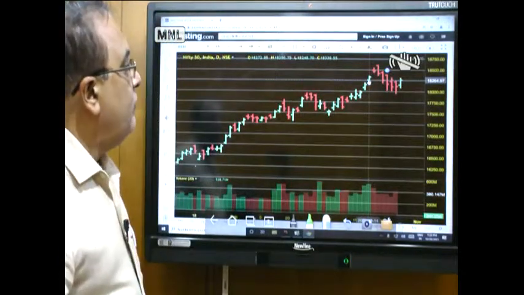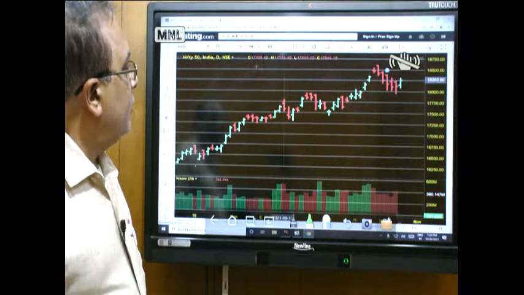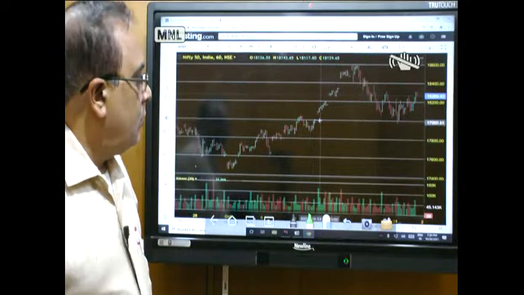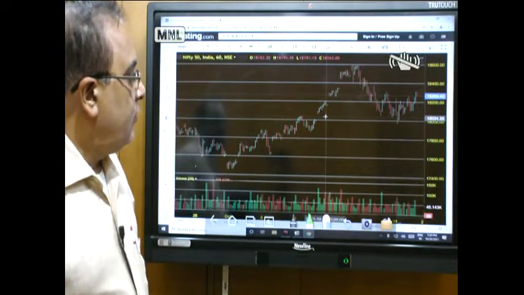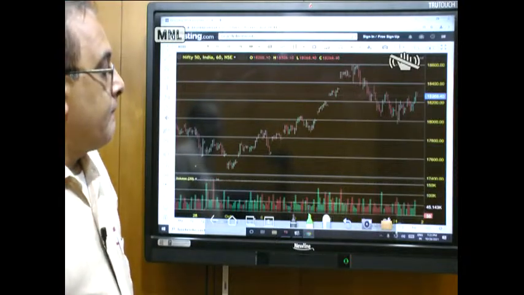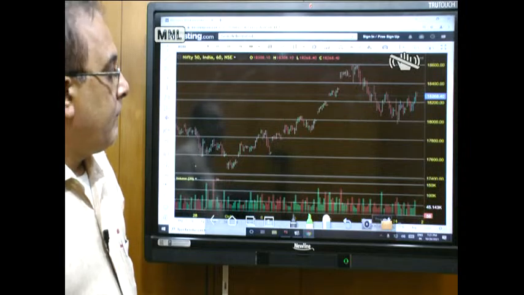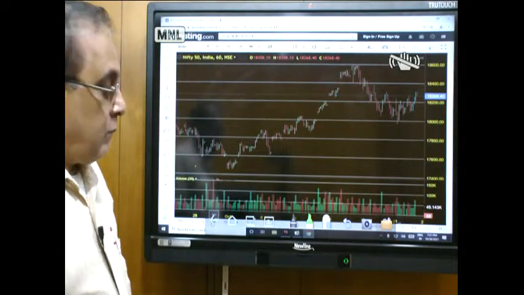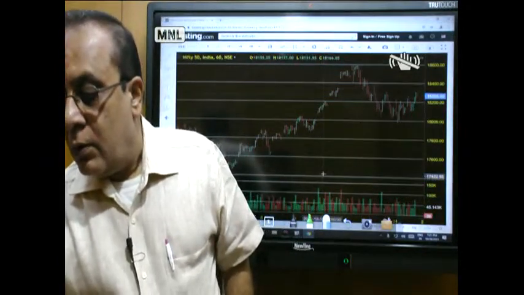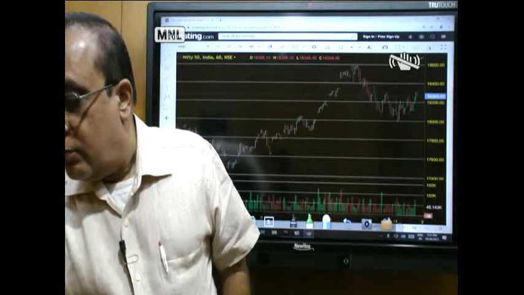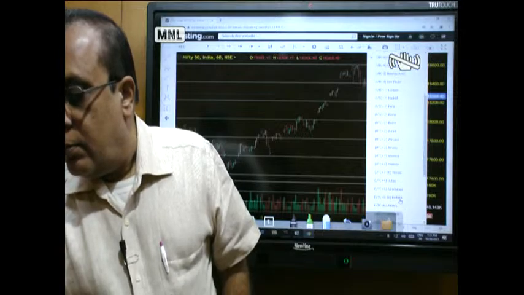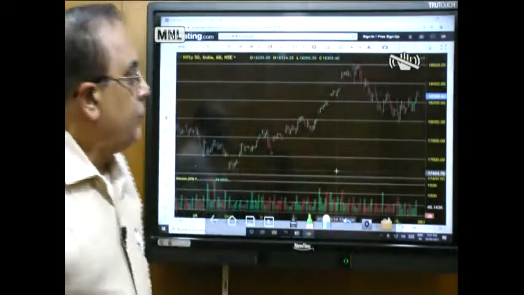So let's look at this chart, which is on the 14th of October. Now we'll go to the hourly chart for understanding this. So this is the 14th.